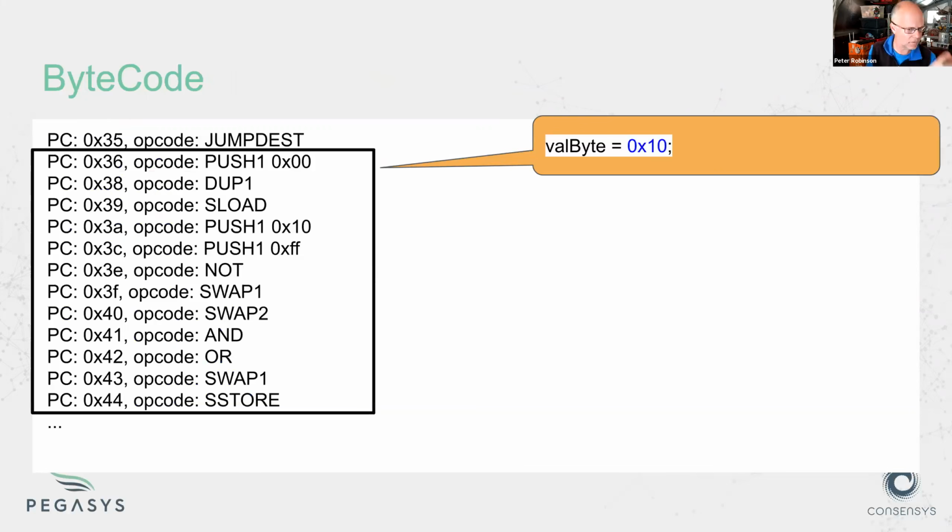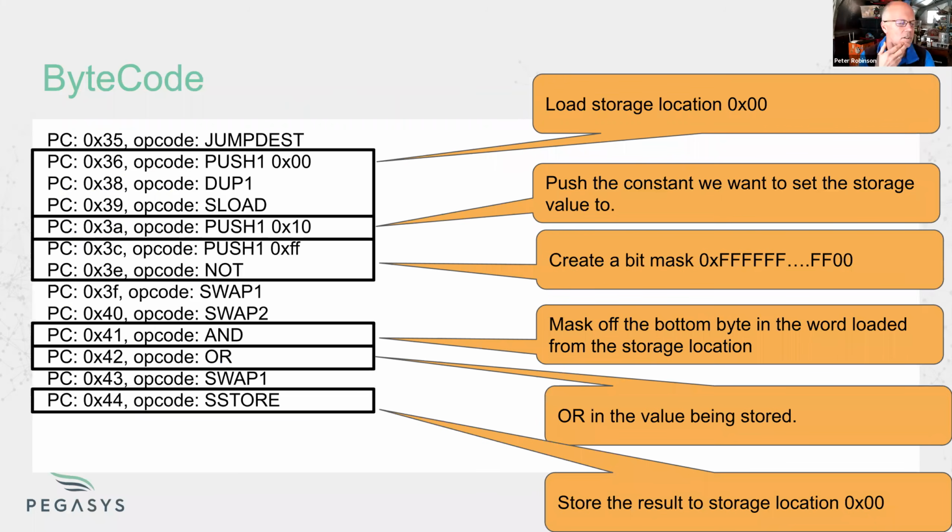So this first block of code is going to set that initial byte to 10. So what we do is we load up the location. Even though the only thing stored in this storage location is that byte, the code isn't smart enough to work that out. So it's still going to assume that this is just one byte of a word that is being used. And so it loads up just one byte, pushes the 0x10, the value that we're going to store there.